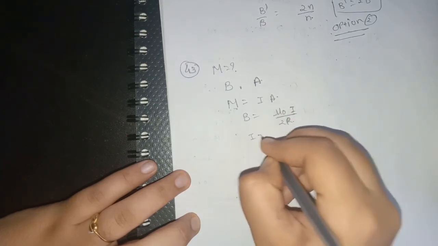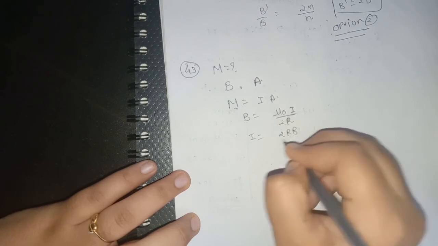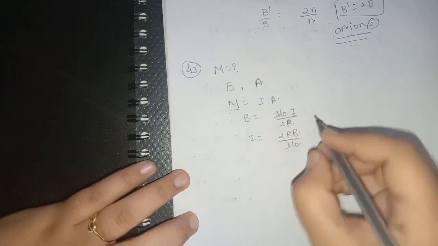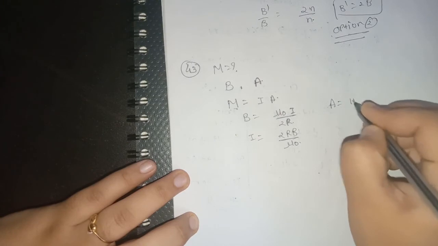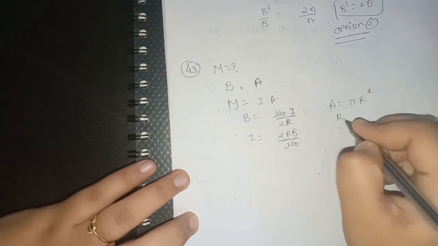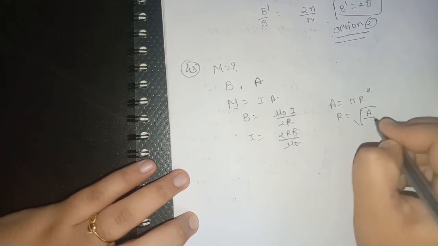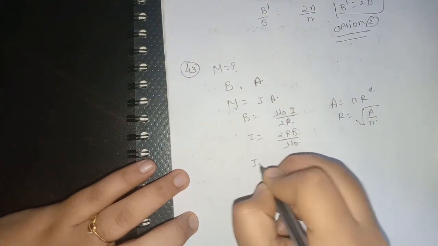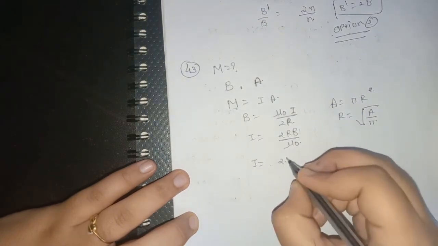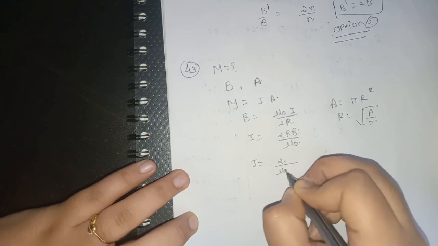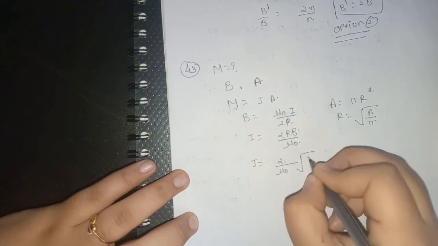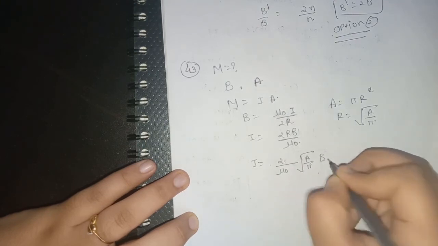So I can be written as 2RB divided by mu naught. Area is given by pi r square. So the radius can be given by under root A by pi. So I will be 2 by mu naught, under root A by pi, into B.